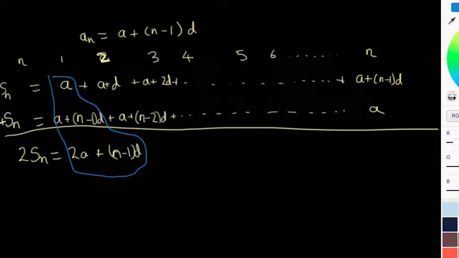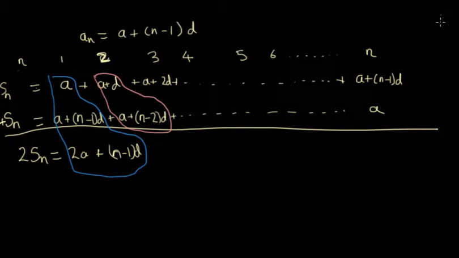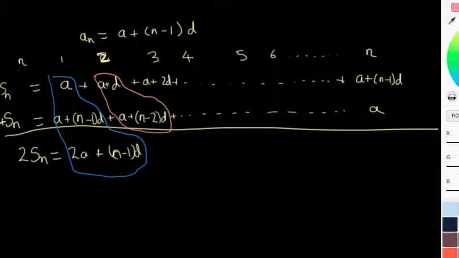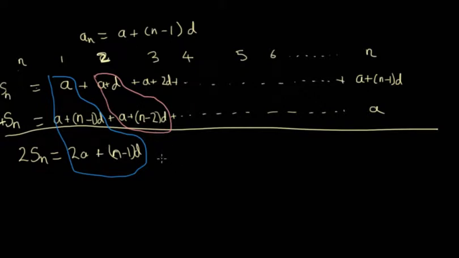Next we're going to add this bit here, and we will end up with plus a plus d plus a plus n minus 2d.